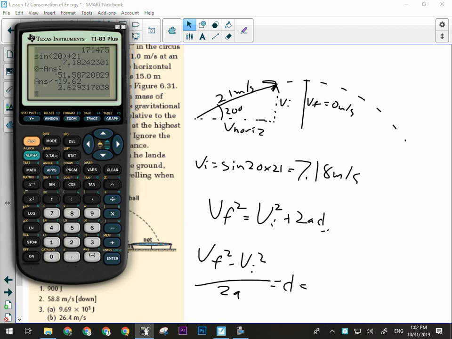I have to add to that 15. Now, can I calculate his potential energy? I have mass, I have his height, and I have acceleration due to gravity. What was his mass? 56? I multiplied by 15. Sorry, I should have added 15.